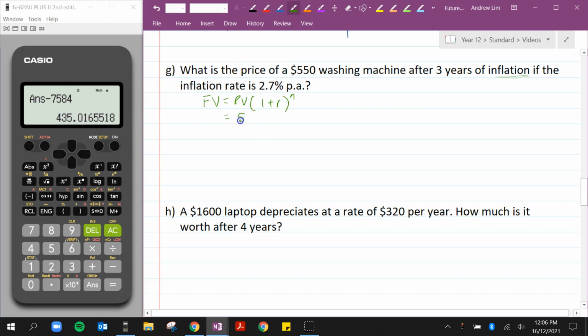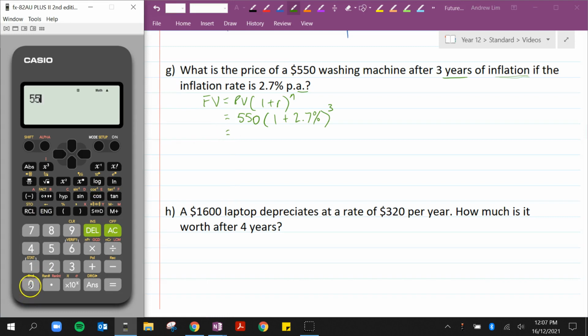It costs $550 now. The rate is 2.7% per annum, so we don't need to divide it by anything because it's not compounded daily or monthly or quarterly. And that's for 3 years. Okay, so per annum, 3 years, same units, so we don't need to divide or multiply by anything.